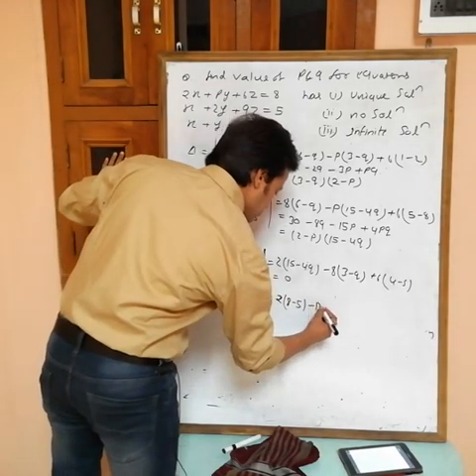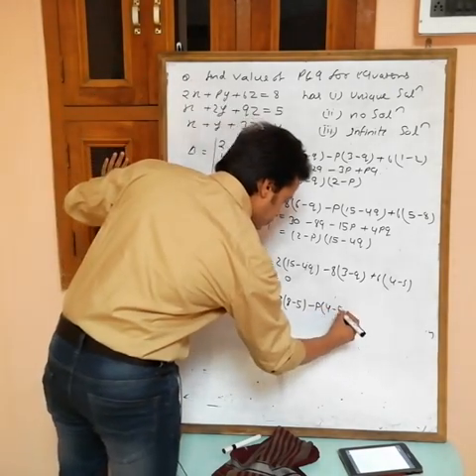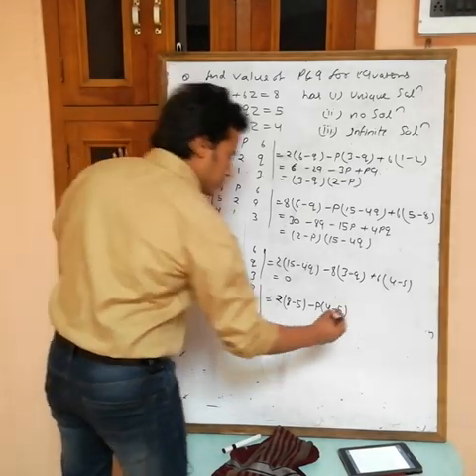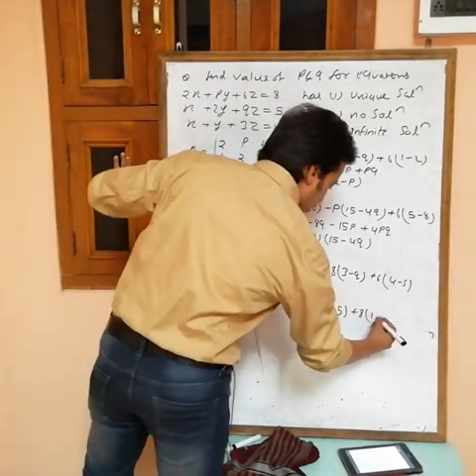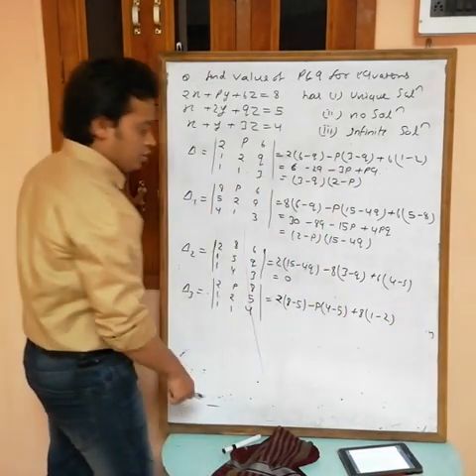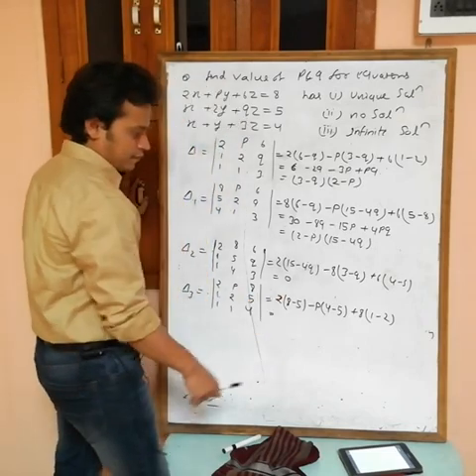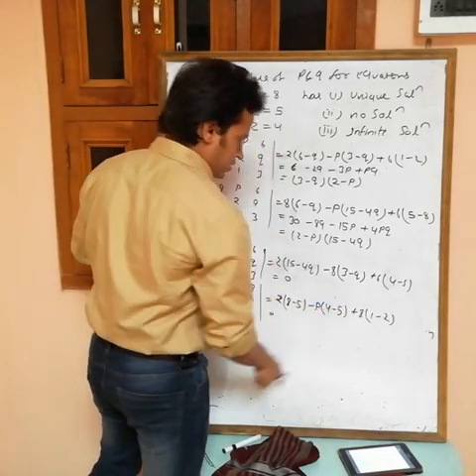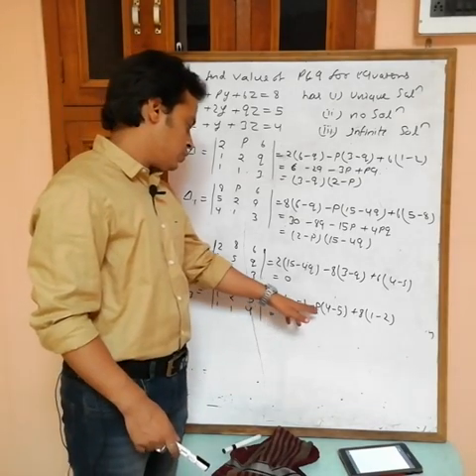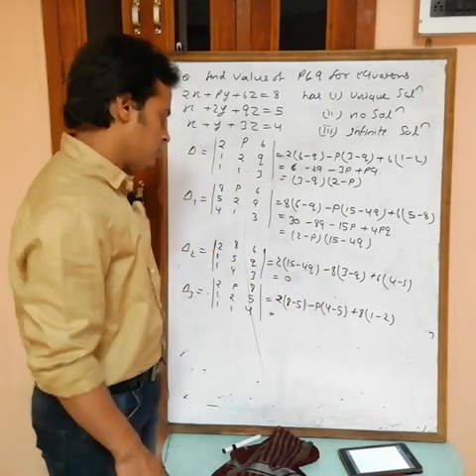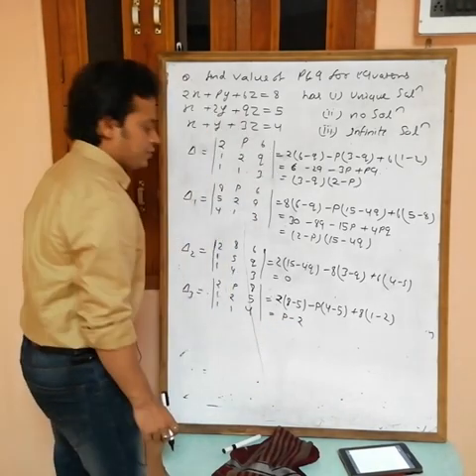Okay, minus p into 4 minus 5 and plus 8 into 1 minus 2. Now if you solve this one, then you will get 6 and minus 8 minus 2 minus 2 and plus p. Okay, you will get only p minus 2 after solving this one.